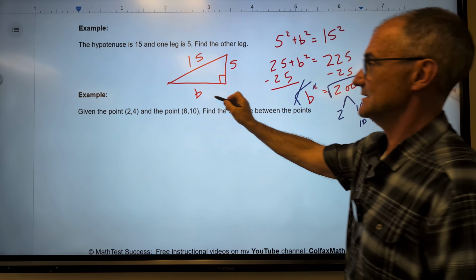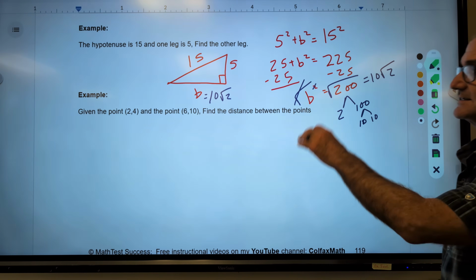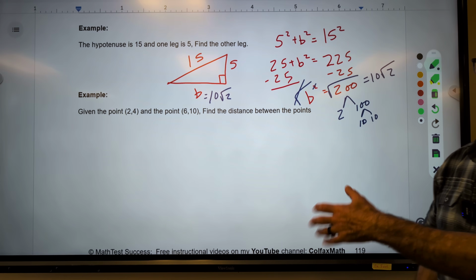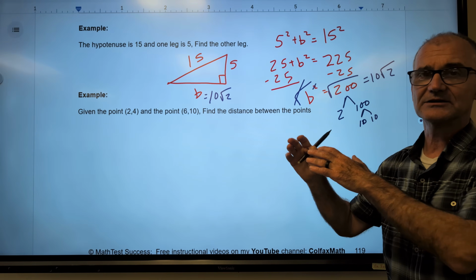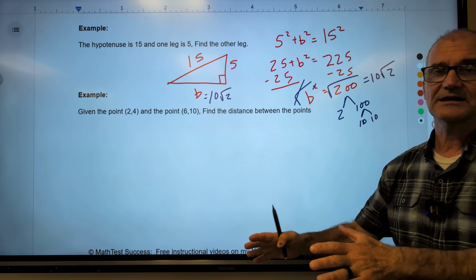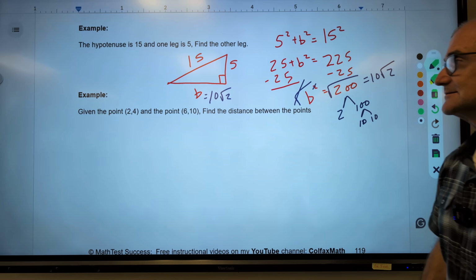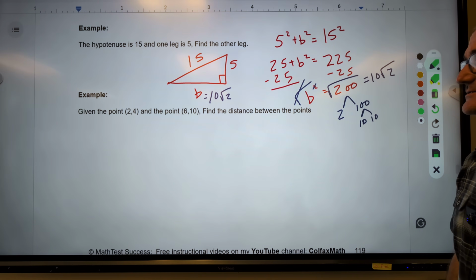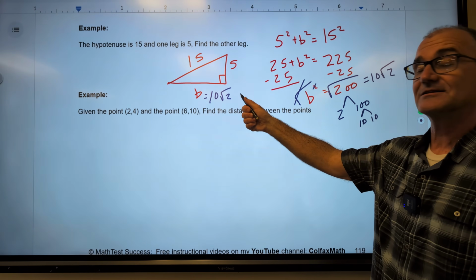So side B is equal to 10 square root of 2. That's called an exact value versus a calculator value. I could enter that on my calculator, but almost every one of these standardized exams will do these without a calculator, so there's no calculator. So that's the Pythagorean theorem.